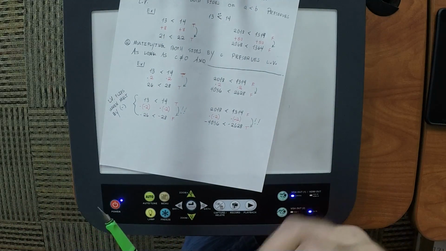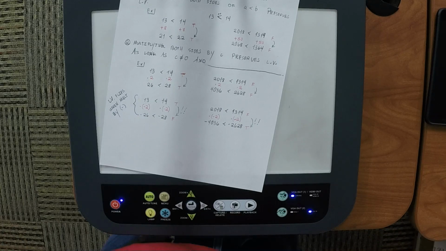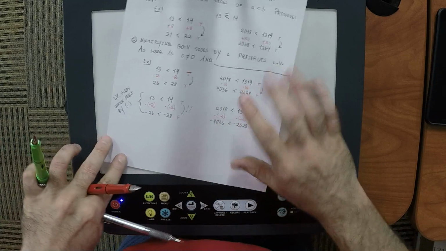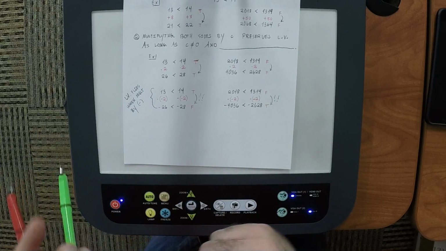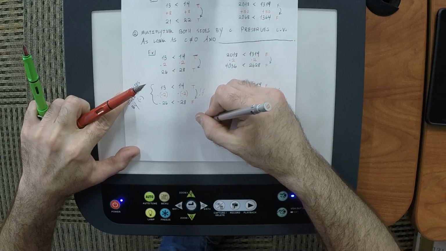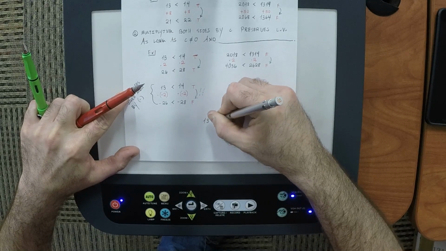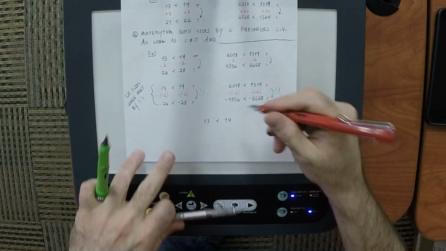Okay, so now I agree with some of you who are trying to speak up. In practice, when you're doing something like this, 13 less than 14, that is an inequality that is true.